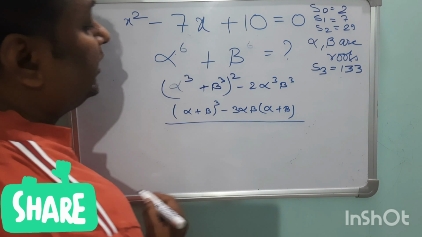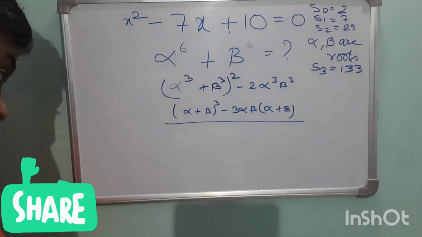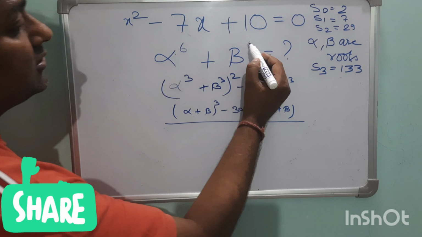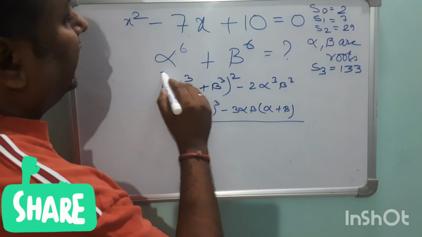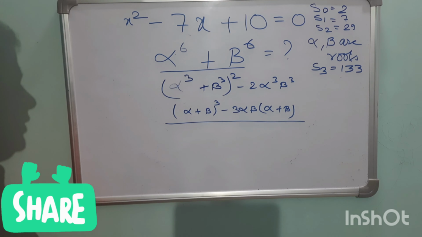So one step will be involving this and the second step will be this. So that is the reason we should always look into the power and this part. So this is the second approach, the identity part.